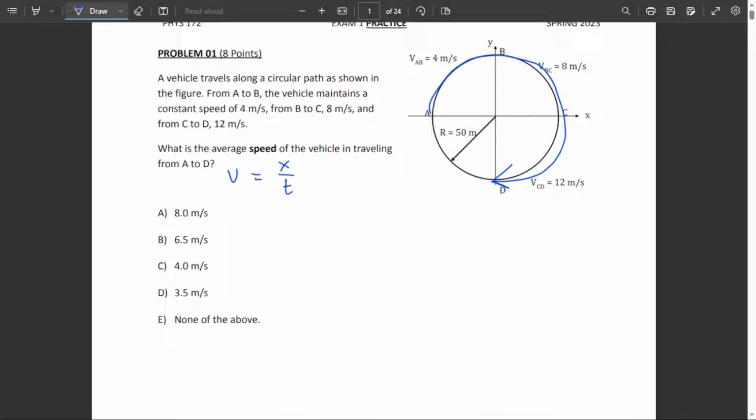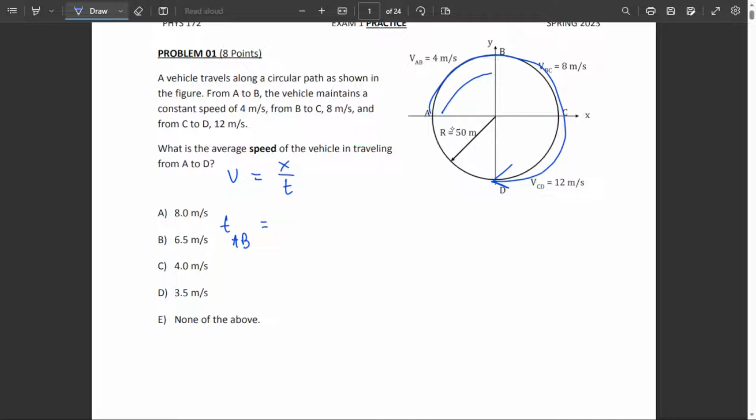So, in just this 1/4 of the circle, we know how fast the car is going, so we can calculate the time that it is inside that 1/4 of the circle using the distance of the quarter of the circle and the speed. So, let's do that.